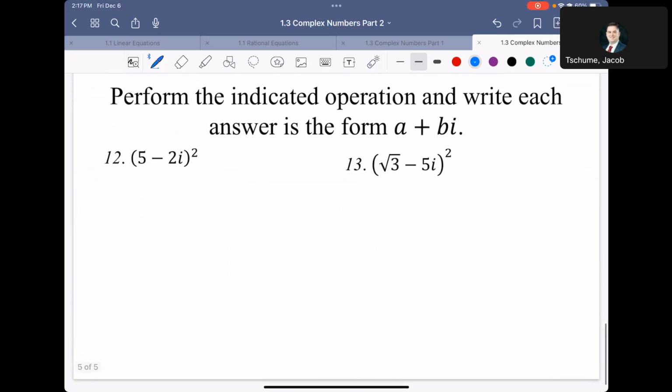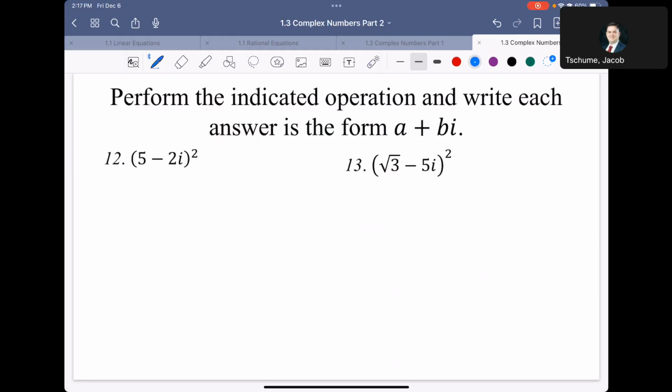All right. Couple more multiplying problems. I just wrote these in a different way to make sure we reviewed how to do exponents with multiple terms. So on number 12, you're being asked to find 5 minus 2i all squared. Now, make sure you remember, you cannot distribute the squared term to both of these values because there is a subtraction involved.